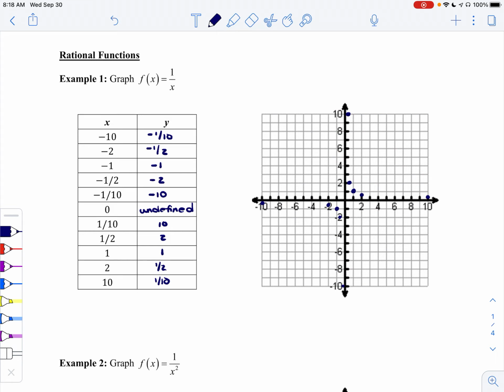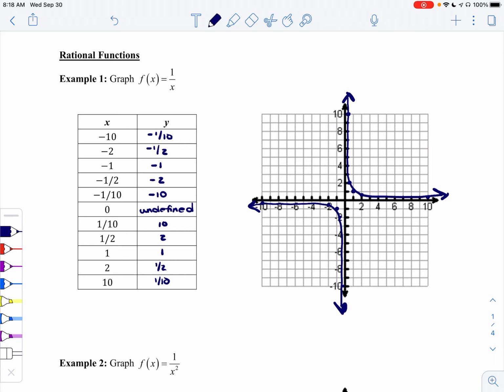Okay, now if we connect all of those points, this is what we're going to get. We get one branch over there on the left in quadrant 3, and then connect all of these points as well. And we get a second branch on the right up in quadrant 1.